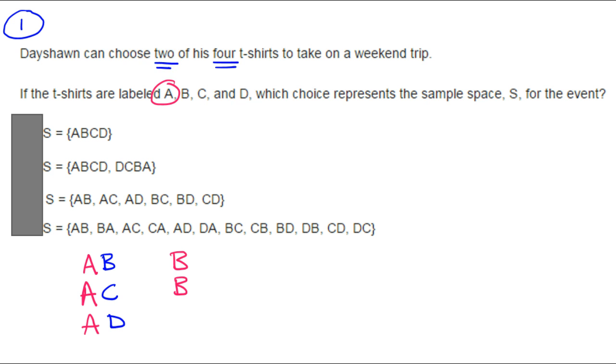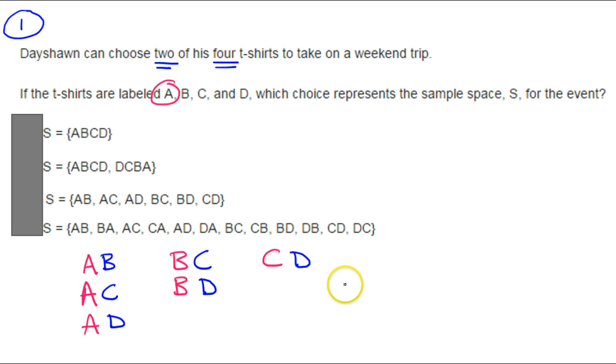But we could also have shirt B with shirt C, or shirt B with shirt D. Now let's focus our attention on shirt C. Well, we've already got shirt C and shirt A, shirt C and shirt B. That just leaves shirt C and shirt D. That was the only one that was left.